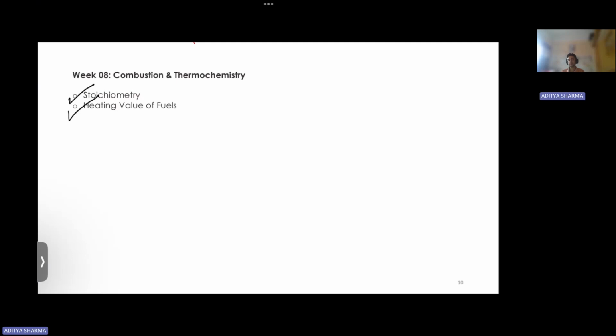If your water is in evaporated state, some energy has been used. The energy released in the combustion process has been used to vaporize the water. So in that case, the useful energy will be less compared to the case where your water is in liquid state, because there the energy is not being used to vaporize the liquid, right?